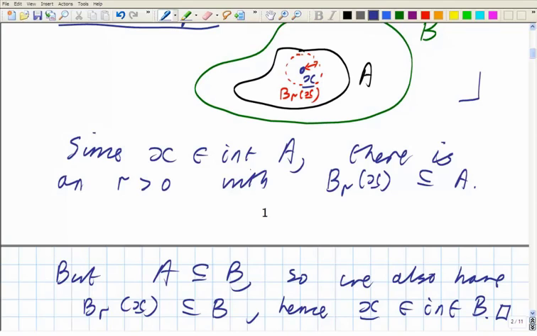Every interior point of A is also an interior point of B, just because A is a subset of B. That's dead easy.